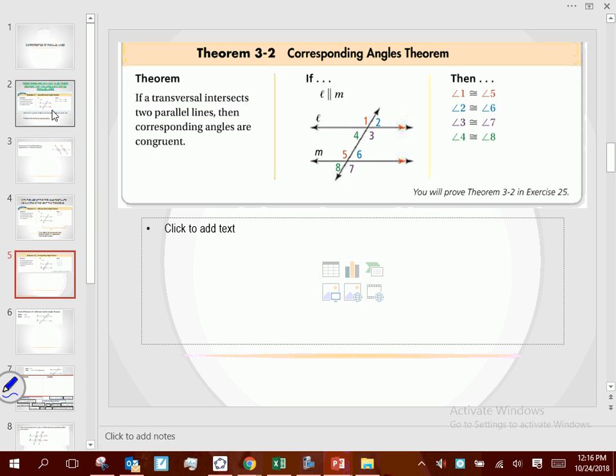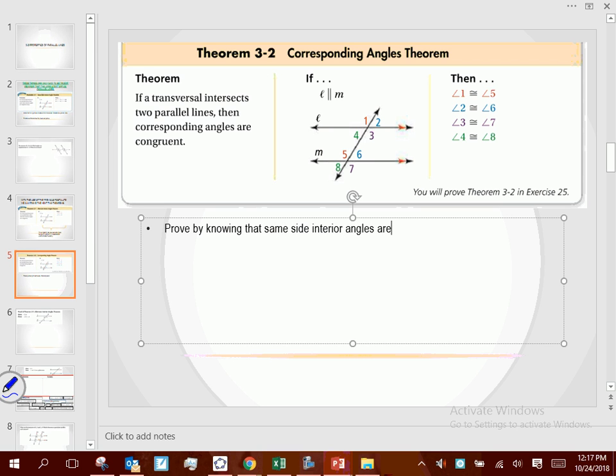First one I want to prove is the corresponding angles theorem. And we're going to prove it by knowing that the same side interior angles are supplementary.